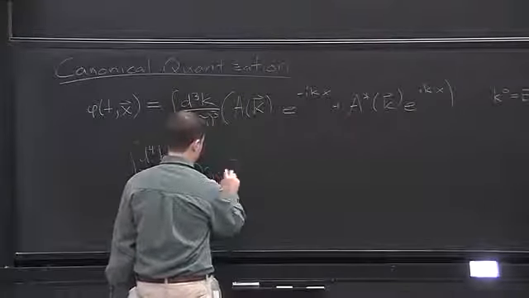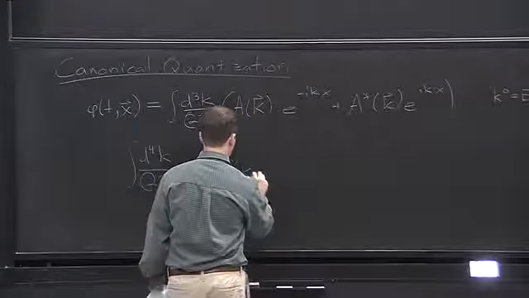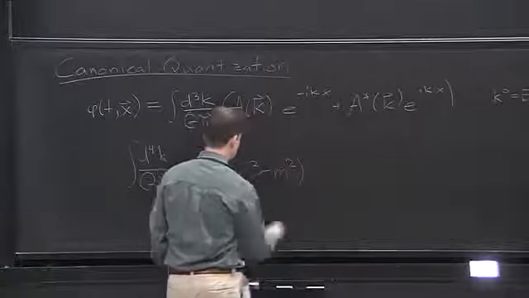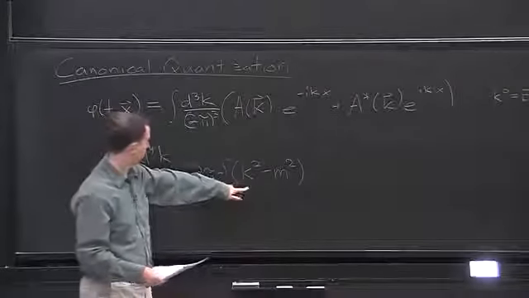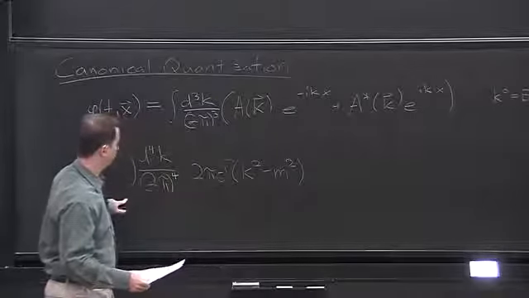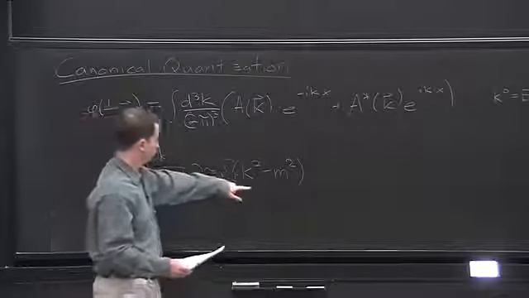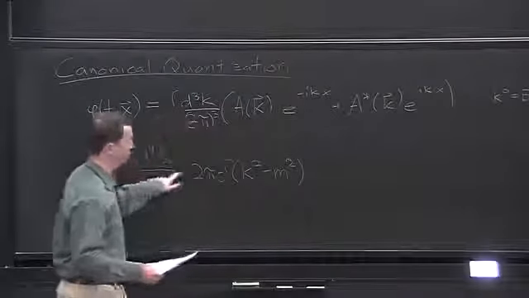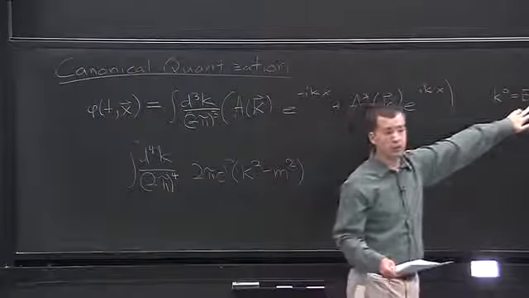So we do that, insert a delta, and if we use this delta to do the k^0 integration, we'll almost get what we want. It will constrain k^0 to be equal to either E_k or minus E_k.